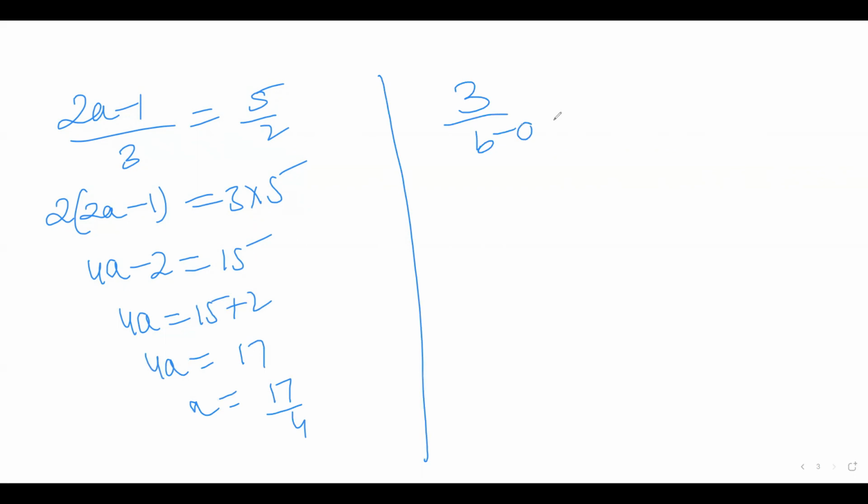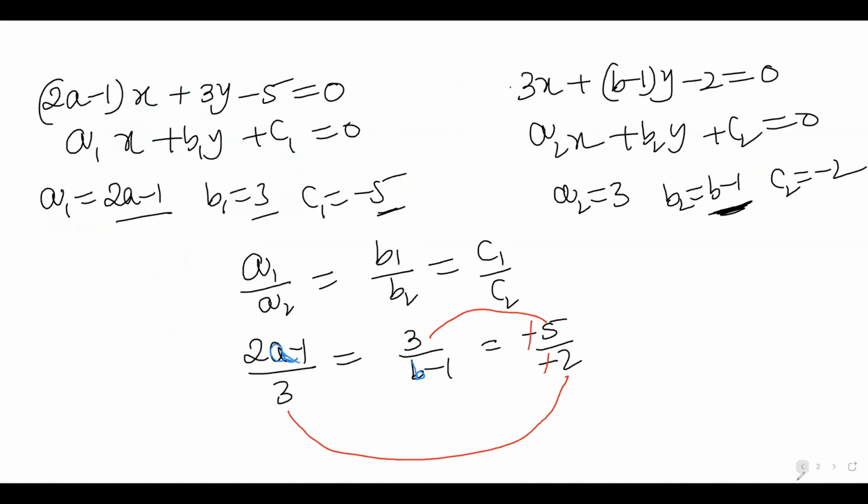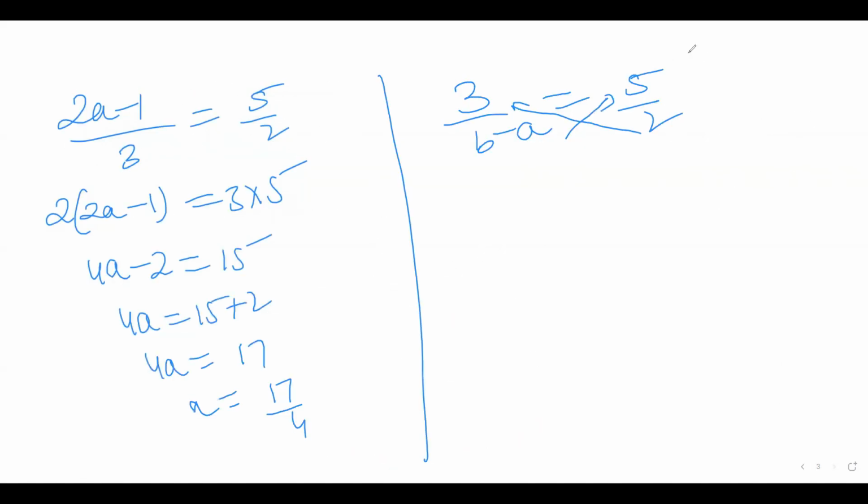3 by B minus 1 is equal to 5 by 2, cross multiply, 5 into B minus 1 is equal to 3 2s are 6.